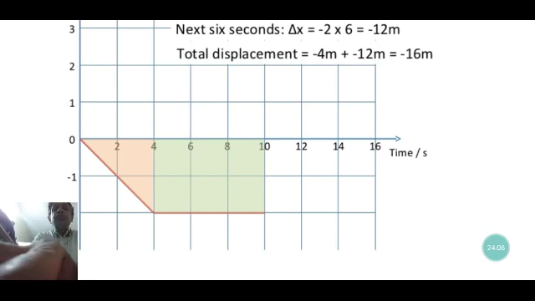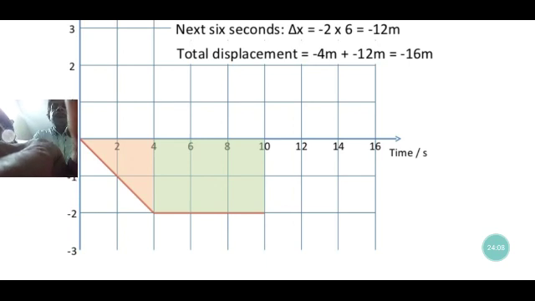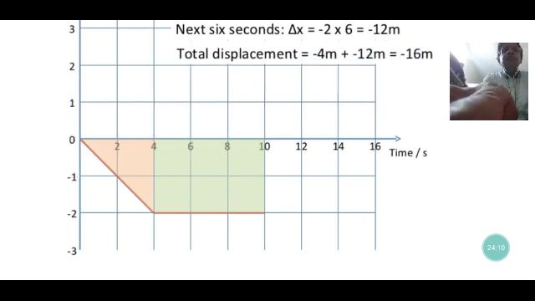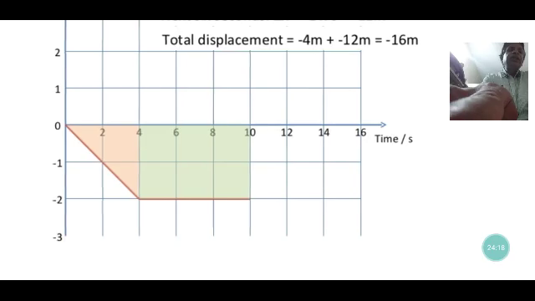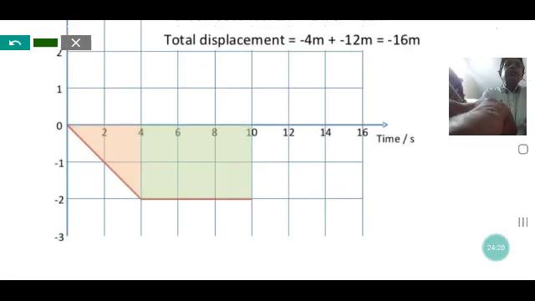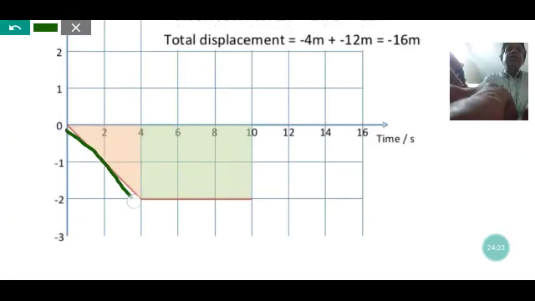The velocity decreases from 0 and becomes minus 2. Then the object returns along its original path.